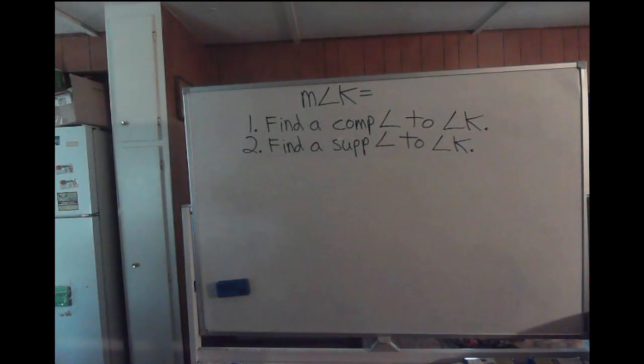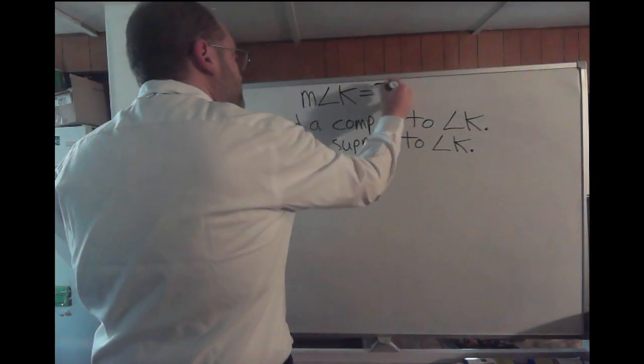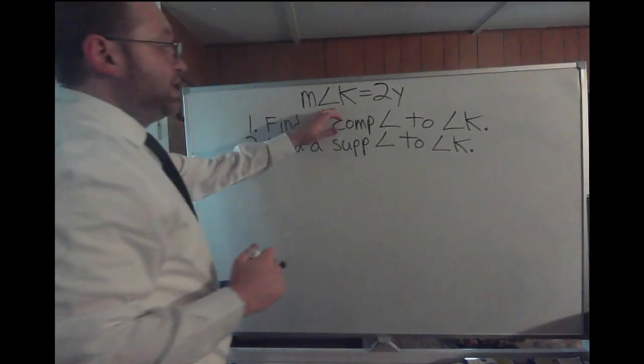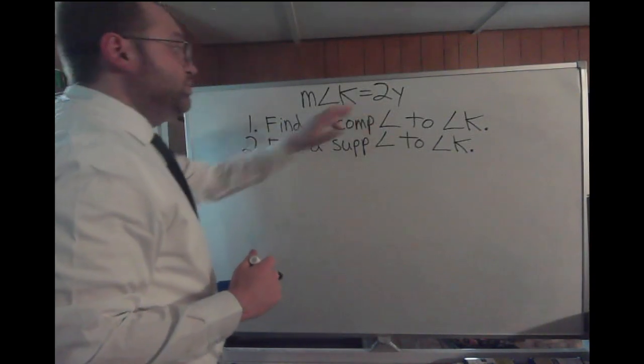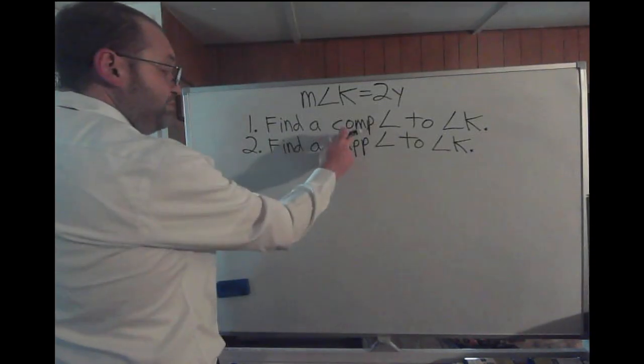All right, let's see. Last exercise like this, we are going to do the measure of angle K. Measure of angle K is equal to 2y. So another variable problem. Measure of angle K equals 2y. Okay, so let's find the complement of that angle.